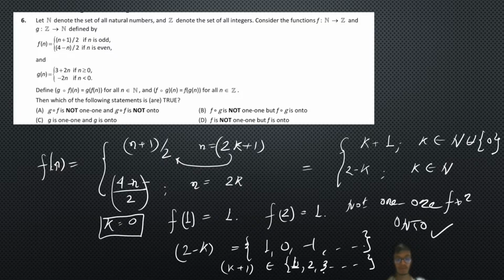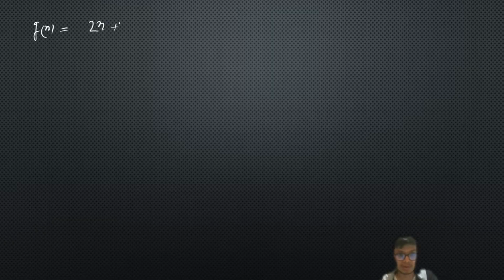So f of n is an onto function, but it is not a one-one function. Similarly, if you do the analysis of g of n, it is equal to 2n plus 3 for n greater than or equal to 0, and it is equal to minus of 2n for n less than 0.